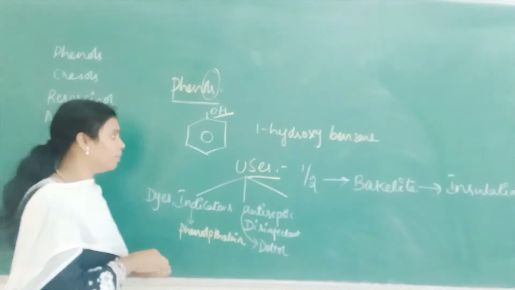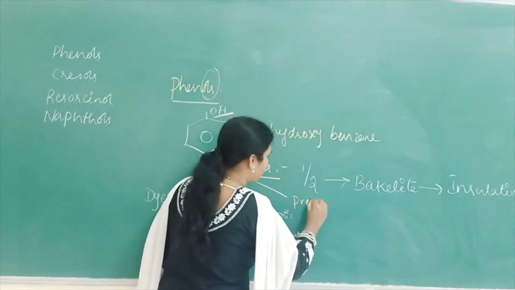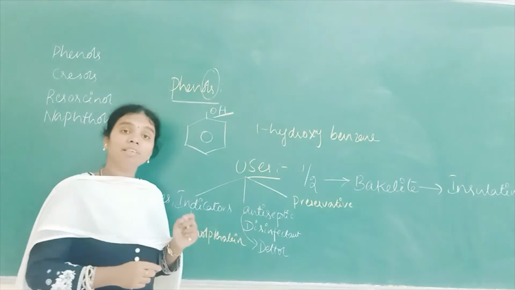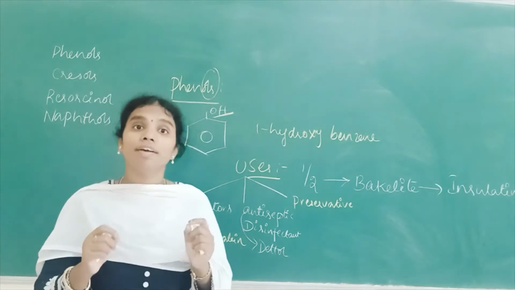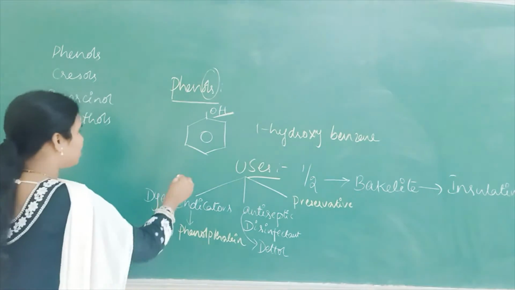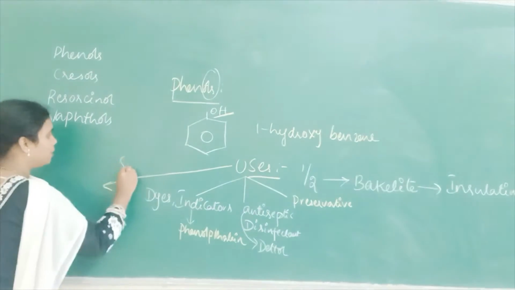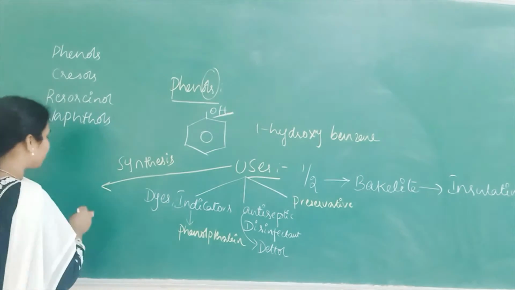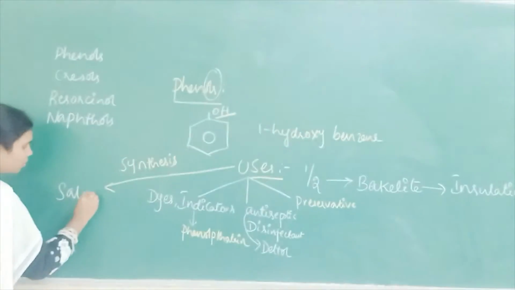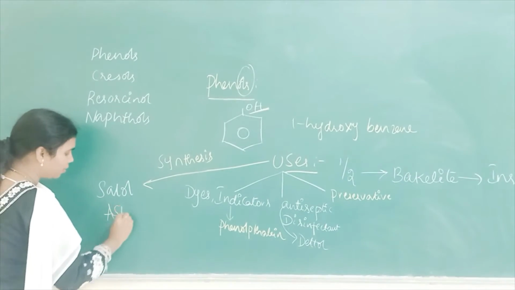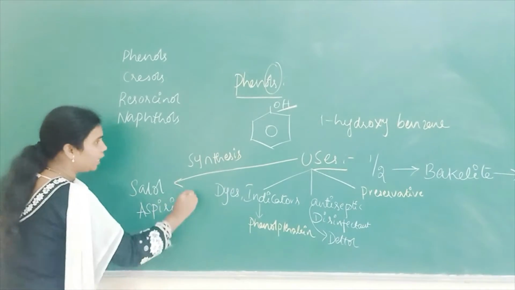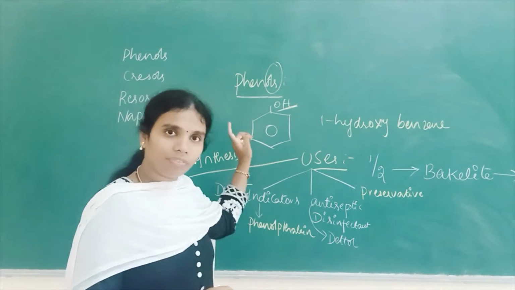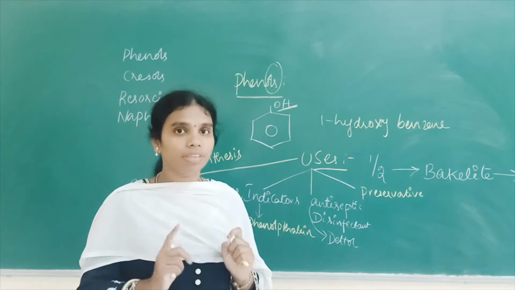Other than this, it is used as a preservative and it is a starting material to synthesize various medicinal compounds. The best examples are Salol and aspirin. So these are the various uses of phenols, and this hydroxybenzene or phenol will be identified using the ferric chloride test.